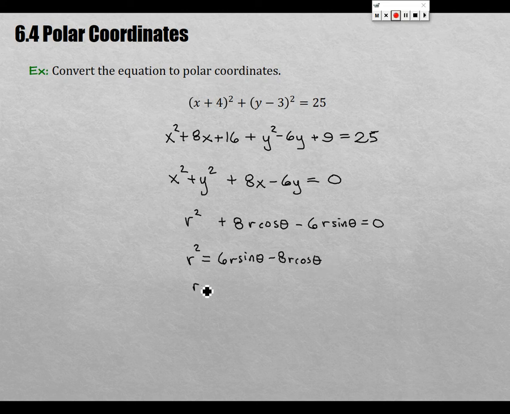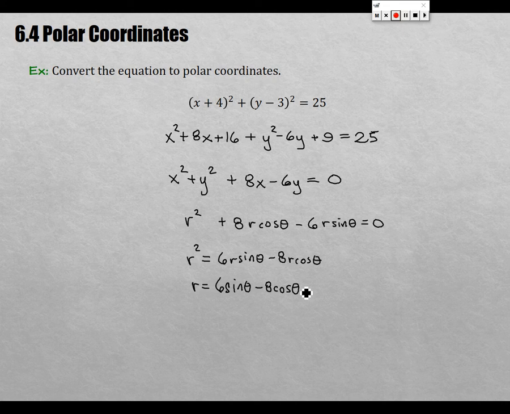Now, since r equals 0 is entailed by this solution, we can divide through by r. There will be a time when this is 0, so I think we're okay in terms of dividing through by r.